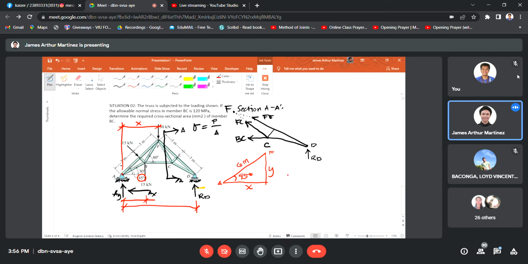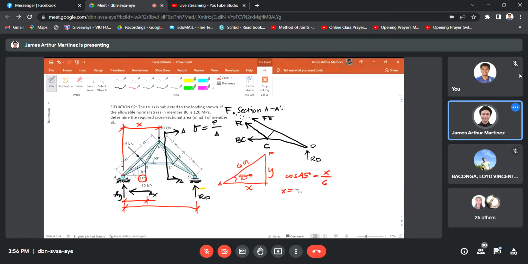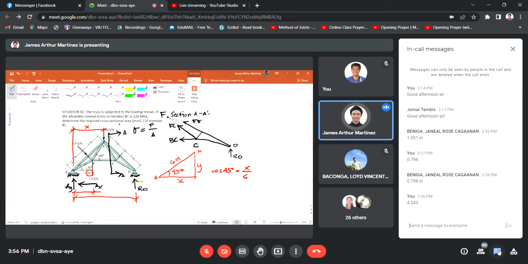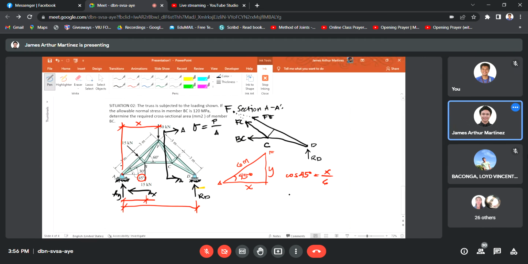Cosine of 45 degrees is the adjacent, x, over the hypotenuse of 6 meters. Therefore, x is equal to 6 cosine 45 degrees, which is 4.243 meters.